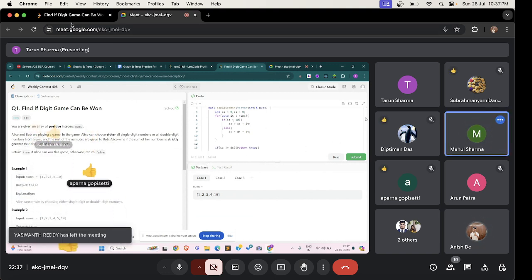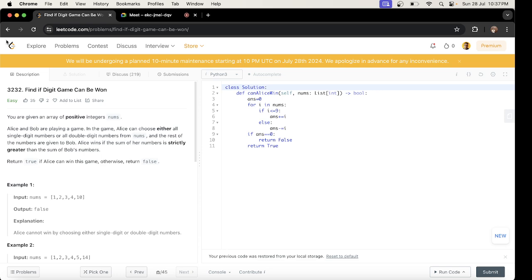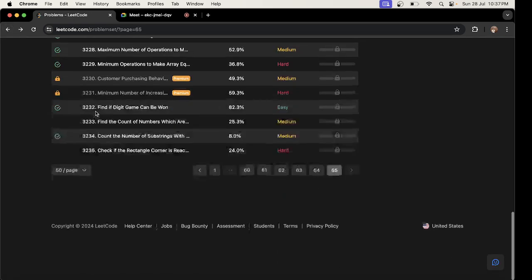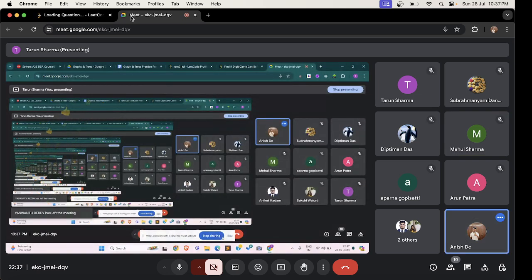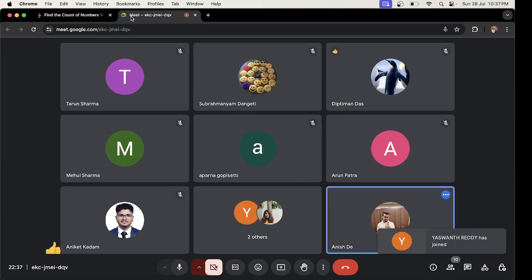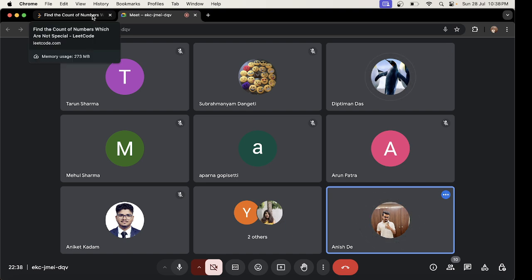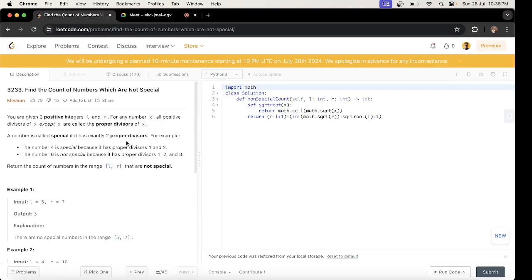Okay, great. So let's go to the second problem. Anyone did the second problem? Deeptiman, you did second, right? Yeah. So the major observation that you have to make in the second problem is: what is a special number?